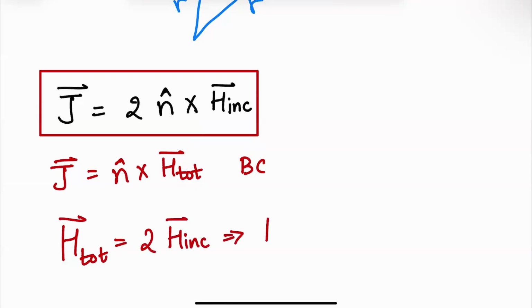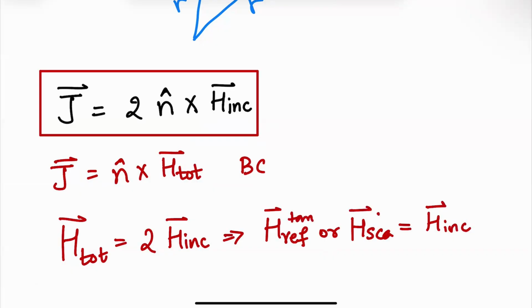Which means what? The reflected field, or the scattered field, if you like to call it, or H scattered, is equal to the H incident, tangential component. So I'll say tan.